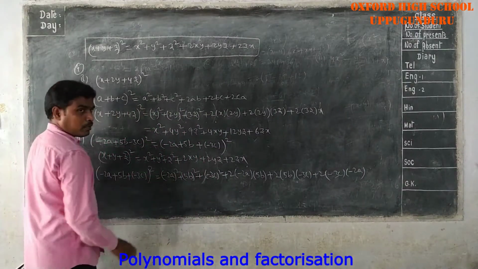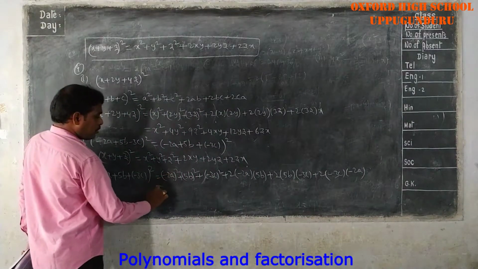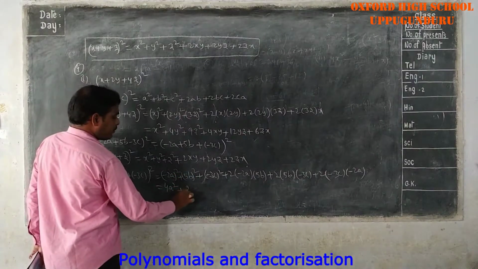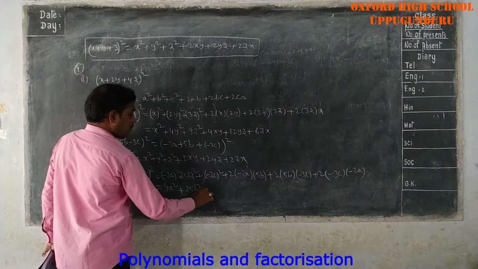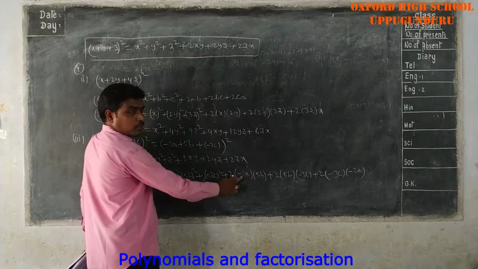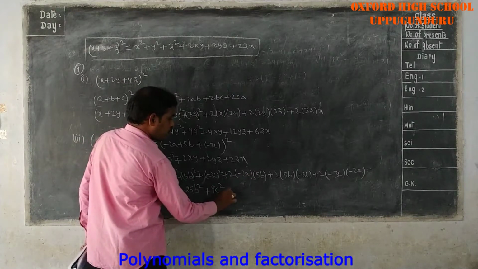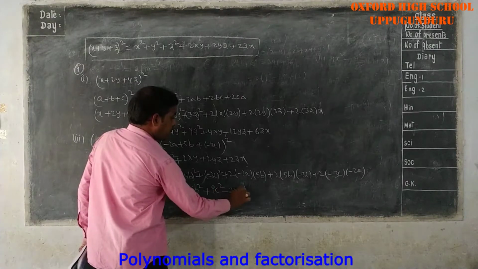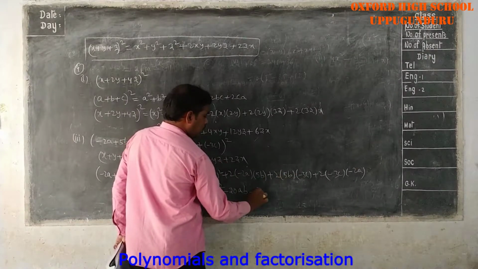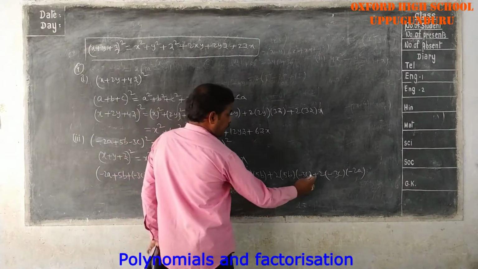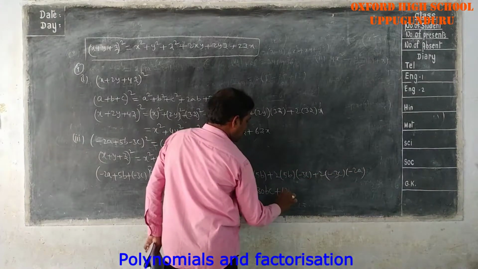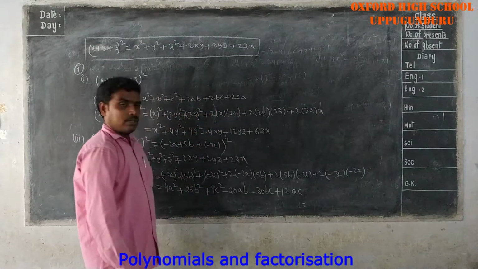So minus 2 whole square is 4, a whole square means a square, 4a square, plus 5b whole square, 5 square is 25, 25b square, plus minus 3 whole square means 9, 9c square, plus 2 into minus 2, minus 4, into 5, minus 20ab, plus 2 into 5 into minus 3, minus 30bc, again minus into minus, plus, 2 3s are 6, 6 2s are 12, 12ac or 12ca.